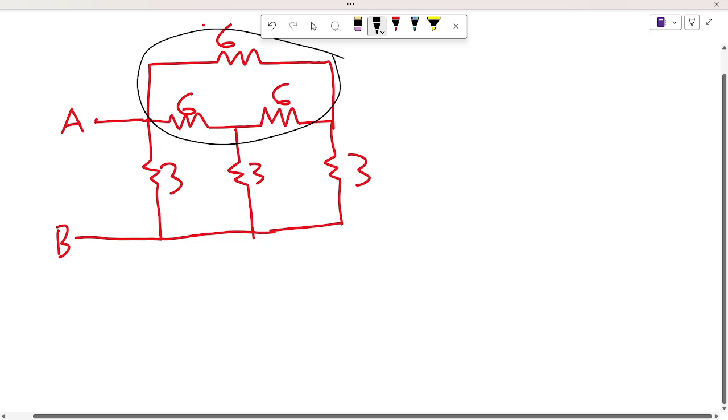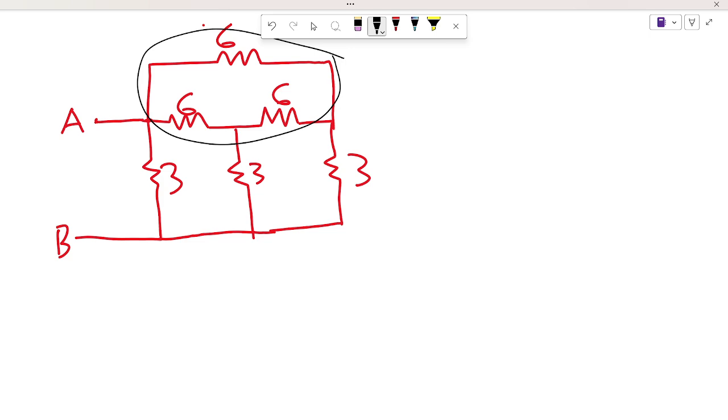So now the issue at hand is we are supposed to check whether we are going to convert the delta to a star or the star to a delta instead. So in this case, we are going to consider the star to delta first.